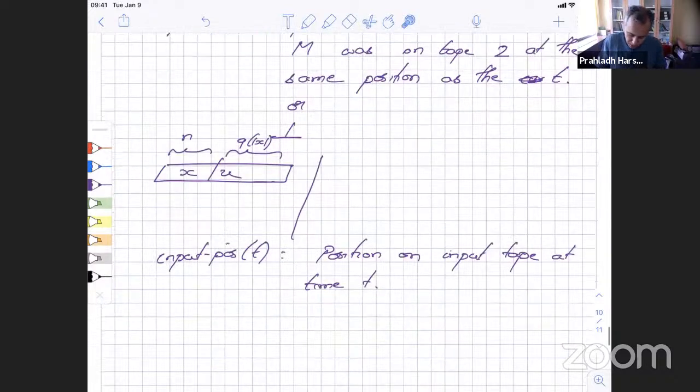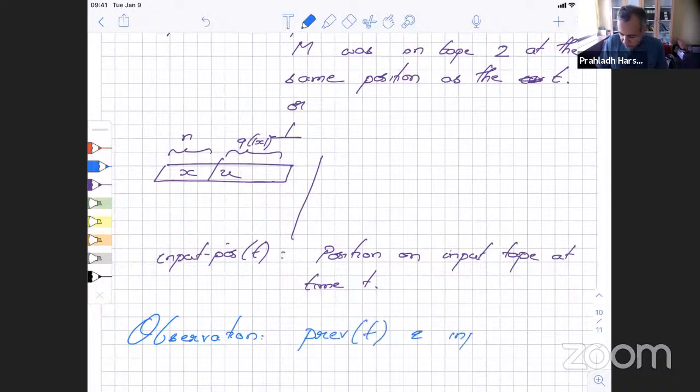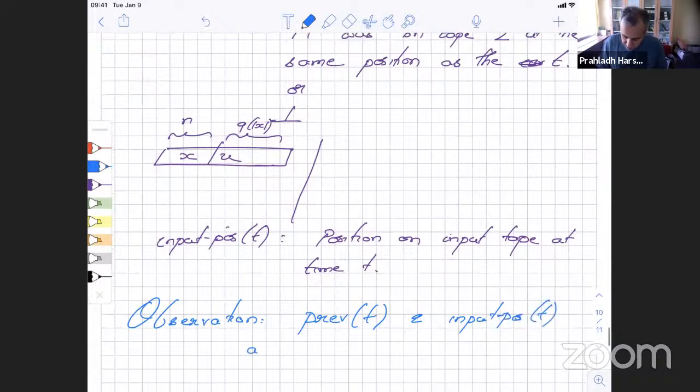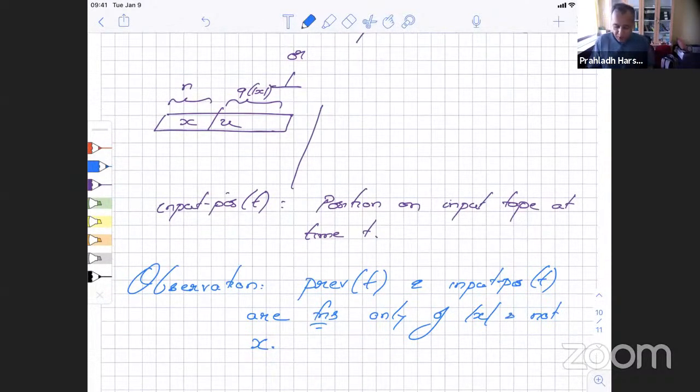So the main observation over here is that the functions prev of t and input position at t are functions only of mod x and not x itself. In fact, this is because M is oblivious.